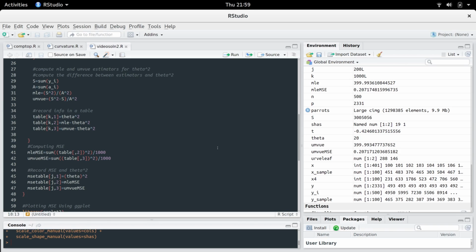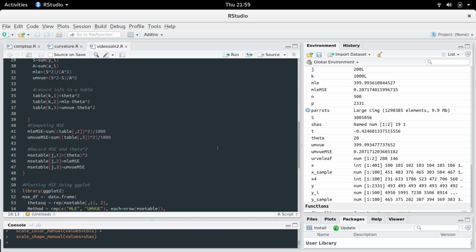And in this case, to compute the mean squared error, we are going to square all the differences we found here, sum them together, and then divide by the number of trials, which is 1,000. And this follows the mean squared error definition, which is the expected value of our estimator minus theta squared, squared.